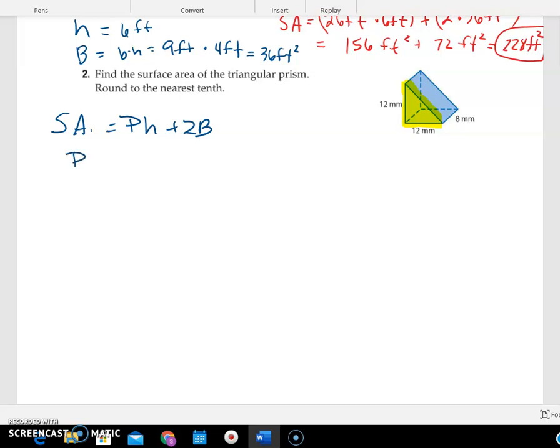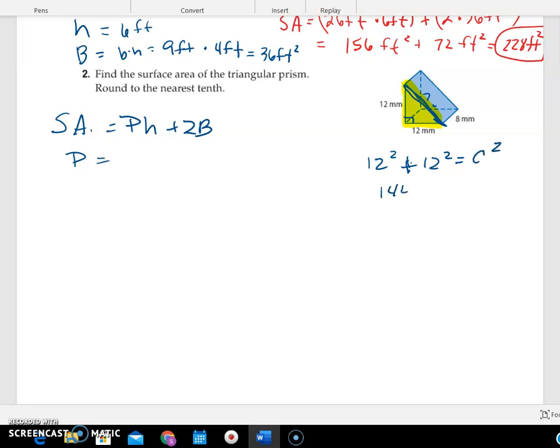So I need the perimeter of that base. Now, I'm going to put a right angle here. It certainly appears to be a right triangle. And that'll help us out a little bit. But if I want the perimeter of this, I am missing this third side. So we're going to do a little Pythagorean theorem real quick here. 12 squared plus 12 squared equals c squared.